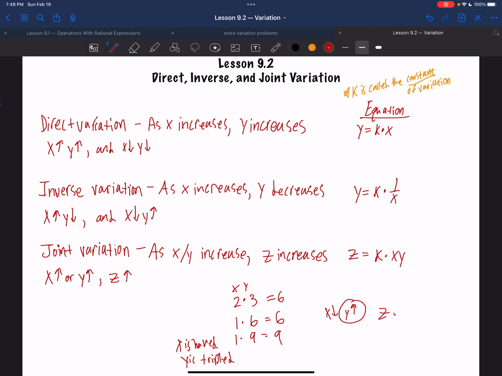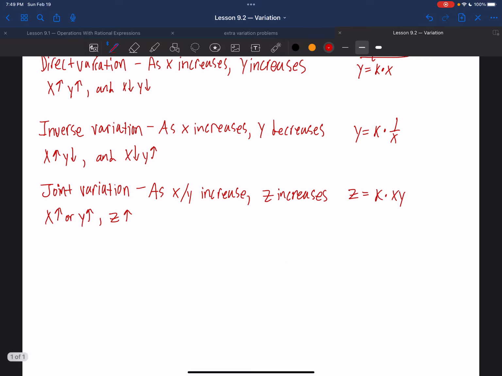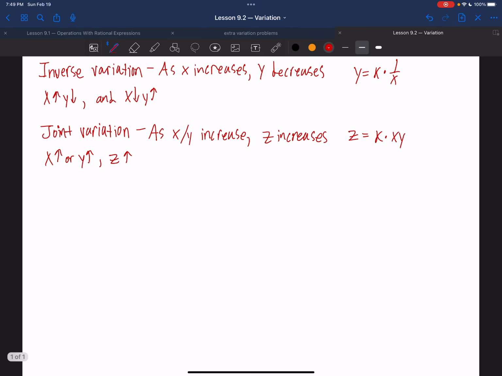Therefore, your amount ends up going up more too. I hope that answers that question about if one goes up and one goes down. You just kind of have to think about which one has more of an impact. Okay.